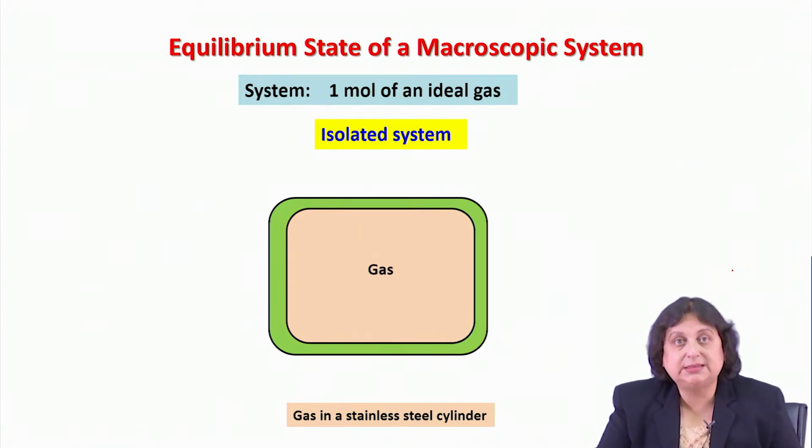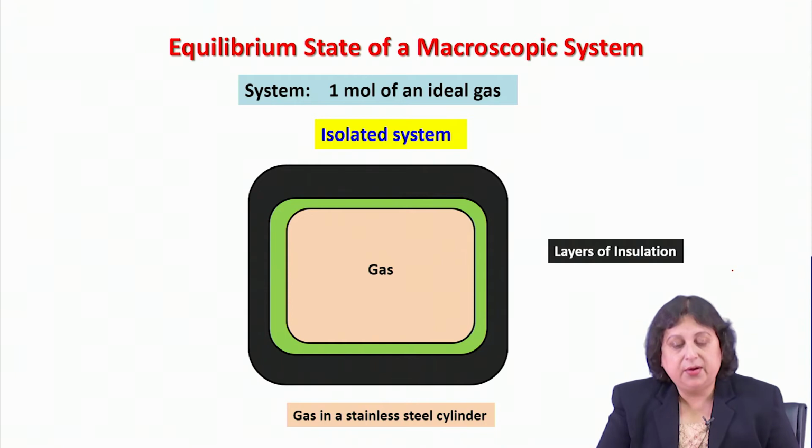An isolated system is one where the system does not interact with its surrounding. So now I'll have to do something more to this setup to make it an isolated system. And this change will be made at the wall. So let me add a layer of insulation to this wall.